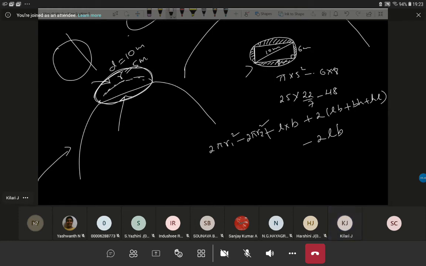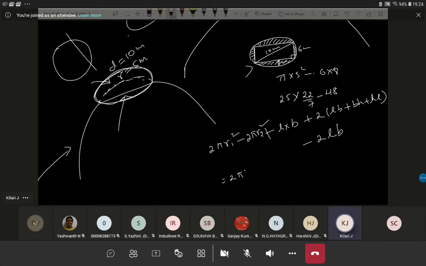That covered portion is nothing but 2 times LB. So that is why I subtracted 2 times LB and added the total surface area. Otherwise, from the total surface area, I subtracted 2 times LB for that covered portion.